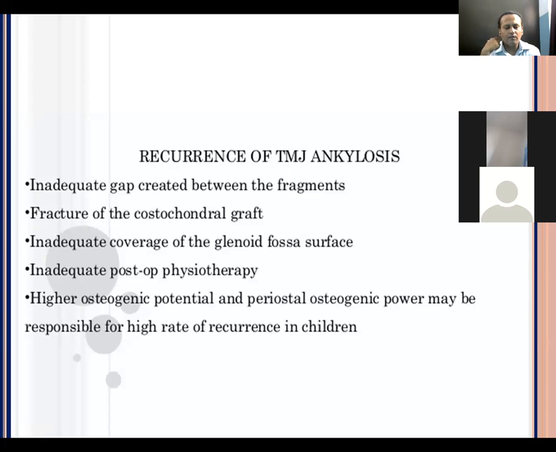Then postoperative graft fractures, or if it is not fixed rigidly to the ramus of the mandible, then there won't be a fusion there. It can cause a hindrance in movements and ankylosis. Inadequate coverage of the glenoid fossa and inadequate postoperative physiotherapy also contribute. High osteogenic potential and periosteal osteogenic power may be responsible for a high rate of reankylosis, that is recurrence, in the case of children.